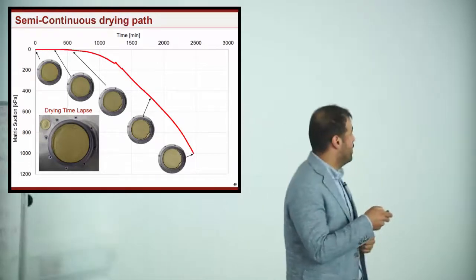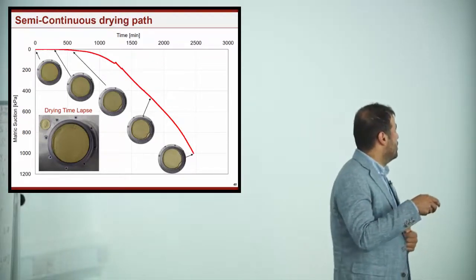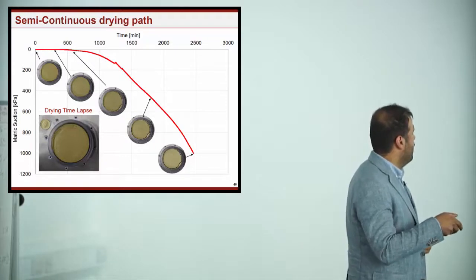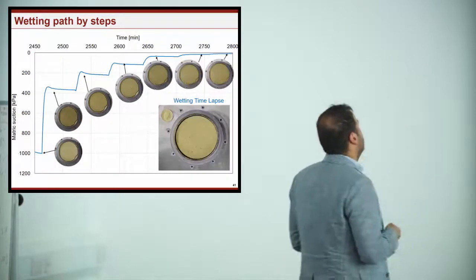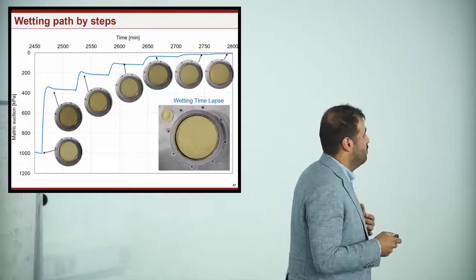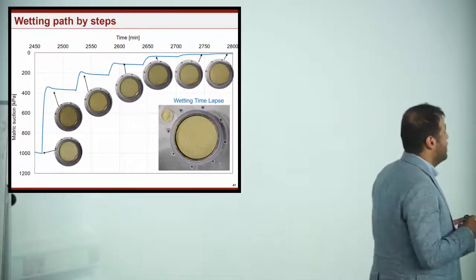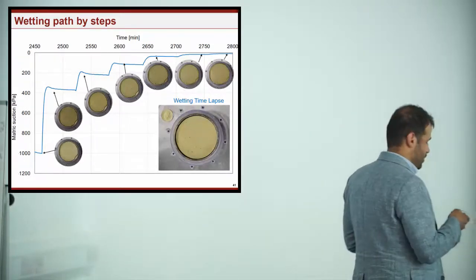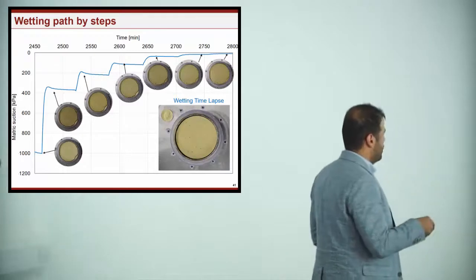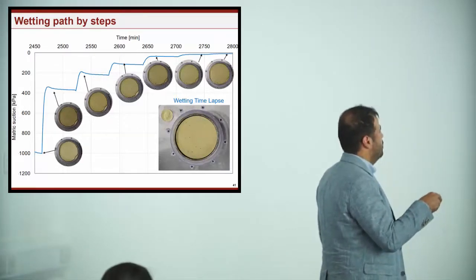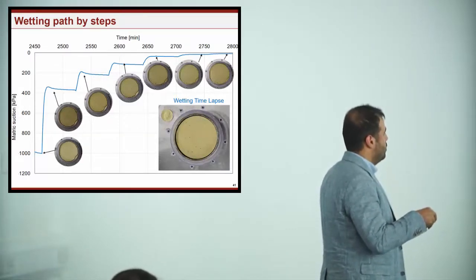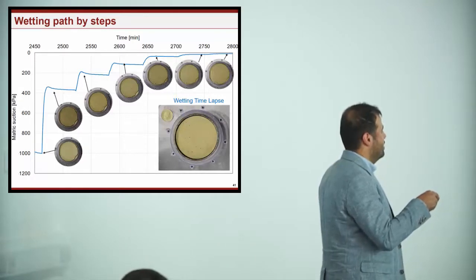We performed the same test in both the continuous drying path and the wetting path, but this was the wetting path by steps, because we started to wet our material and during the wetting we have a reduction of the matric suction.